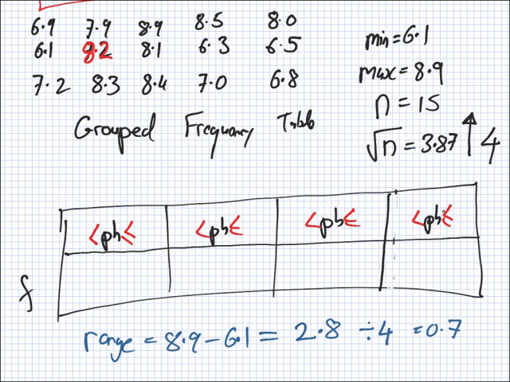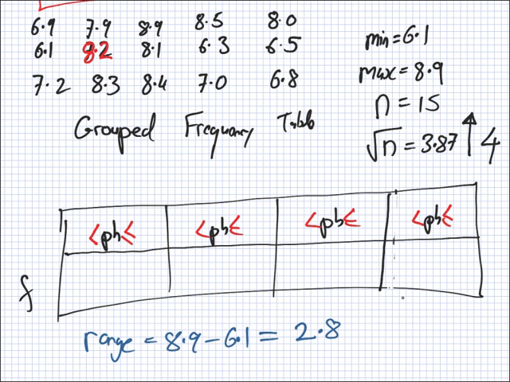You have the problem I just described a moment ago: you're starting at 6.1 and you don't really want to start at 6.1. So you want to start a little bit to the left of that. Is this 6.1 I said is the smallest? Yes. I don't quite want to start at 6.1. So dividing by 4 isn't quite good.